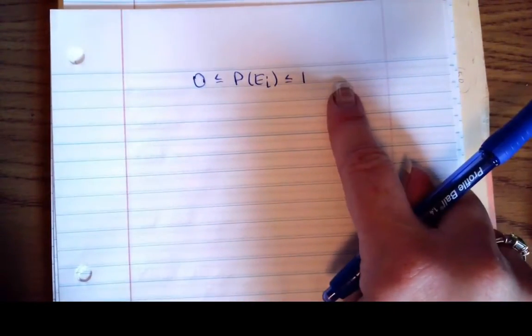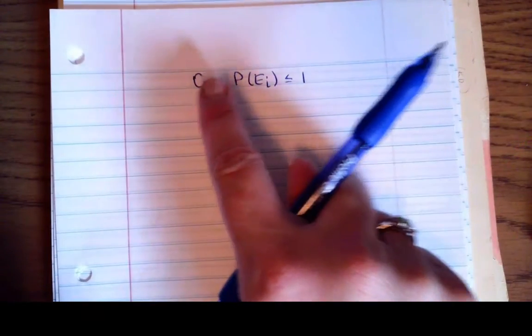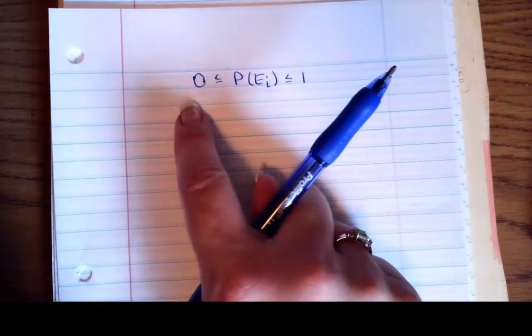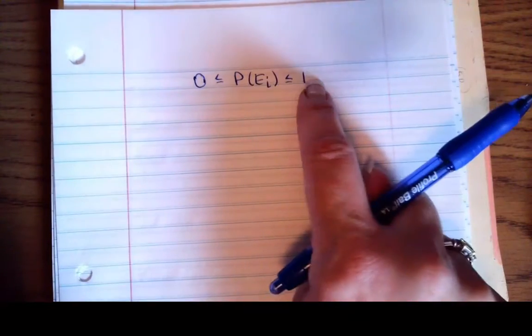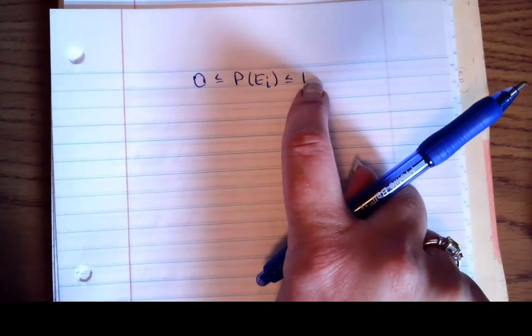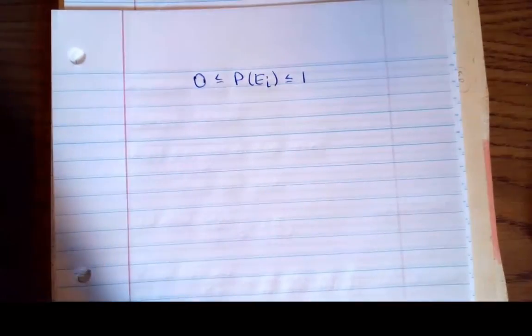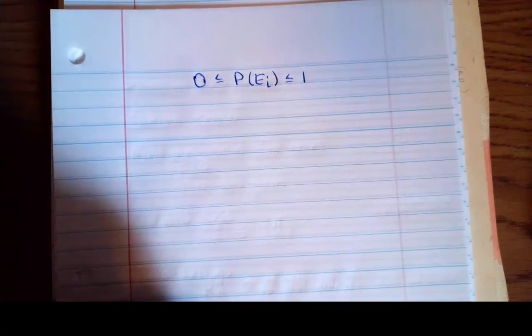If you multiply this whole thing by 100 across all three places, it turns into 0%, here's a percent, and this is 100%. What we usually do is report probability in decimals, but remember, you can just multiply it by 100 and it gives you a percentage.